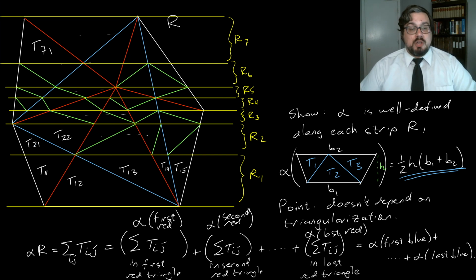And so what this shows is that if we add up the areas of all the red triangles, we'll get a number, and that's the same number as we get when we add up the areas of all the blue triangles, and that's because they're both equal to the sums of the areas of a whole bunch of tiny little triangles in our region.